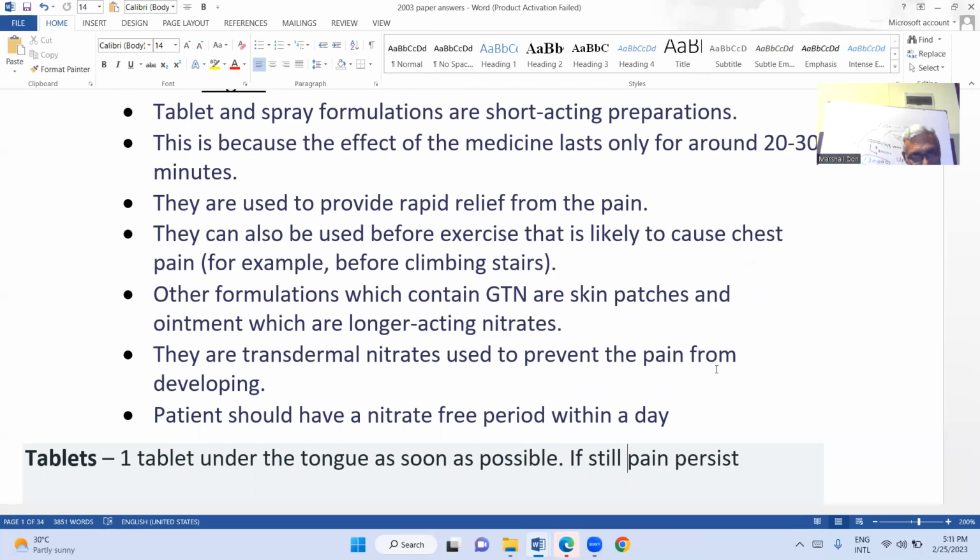The patient has to sit down when they take this tablet because of postural hypotension. They can also be used before exercise.